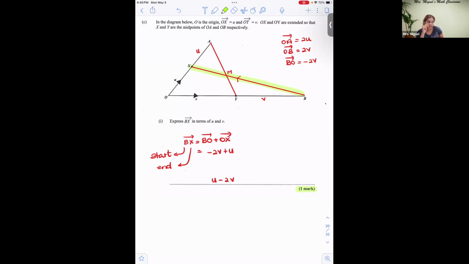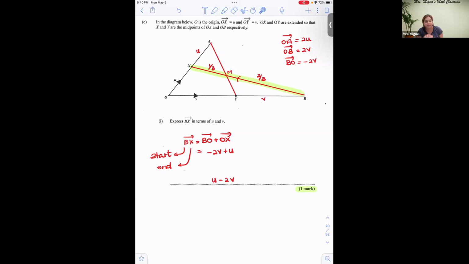And they told us in the ratio 2 to 1. So if it's the ratio 2 to 1, therefore, this would represent 2/3, and this is 1/3. So remember, it's 1 mark, so it's not too difficult for us to work out, and part was given in the part before. So BM is really 2/3 BX, and BX was found in the part before, right?